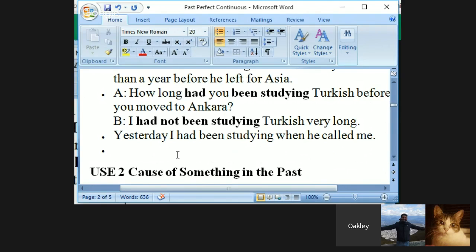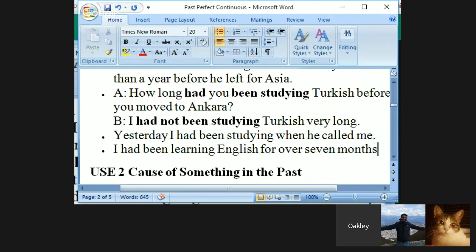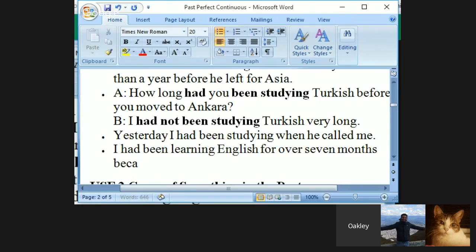Sure. I have been learning English over 7 months because I gonna do the IELTS at the finish of this year. Okay. Yes, because I gonna do the IELTS test. The IELTS, sorry.